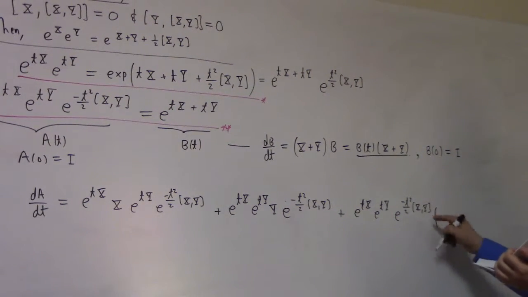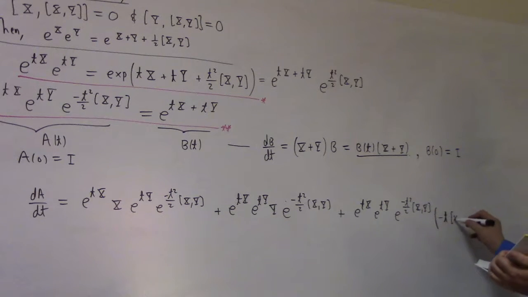If you differentiate this with respect to t, you get minus t times the commutator of x and y. It's nothing more than the (fgh)' = f'gh + fg'h + fgh' identity.